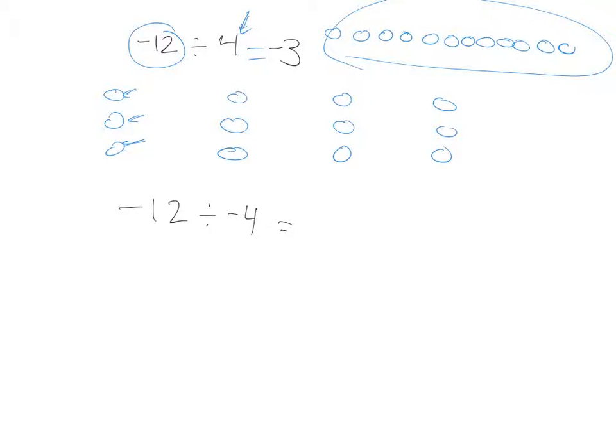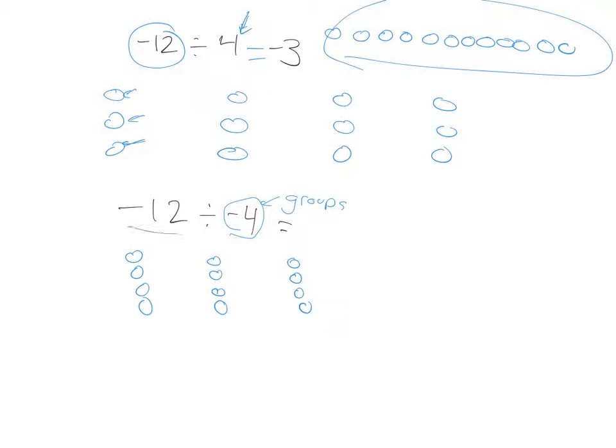But what I can do is I can put them in groups of negative 4. So you can see here's one group with 4 negative 1 pieces. Here's a second group with 4 negative 1 pieces. Here's a third group with 4 negative 1.